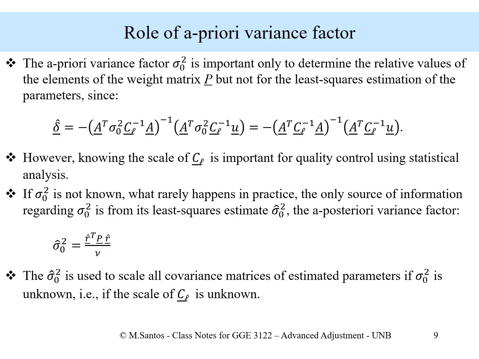The a priori variance factor plays an important role in scaling the covariance matrix of the observations with direct impact in the weight matrix. It is interesting to realize, though, that the a priori variance factor does not affect the parameter estimation process. Let us write the solution vector of the parametric case, showing explicitly the a priori variance factor.